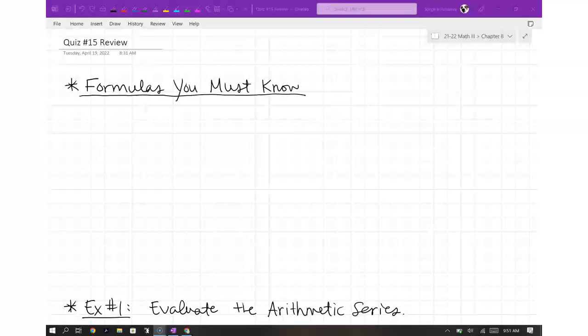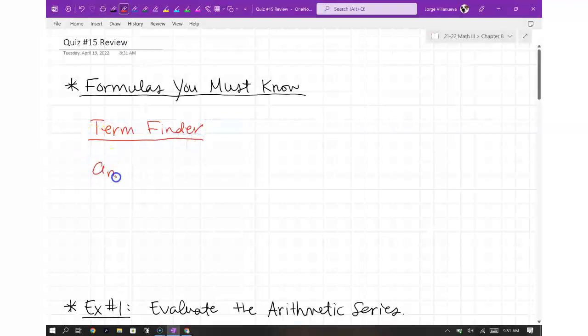All right, so here we go. Formulas you guys must know. So the one that tells you which term, right? We can call this the term finder if you want. That would be a sub n equal to a sub 1 plus d times n minus 1. Okay, remember that a sub 1, this is your first term.